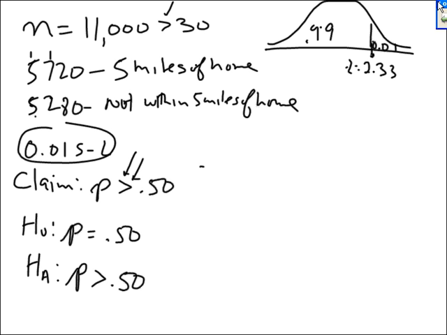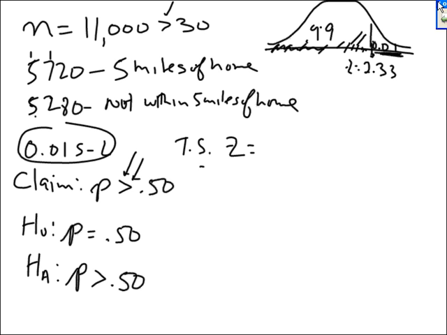Now we find the test statistic. If it ends up to the left of 2.33, we fail to reject H0. That is, we're in the acceptance region here. If we end up over here, we in fact reject H0.